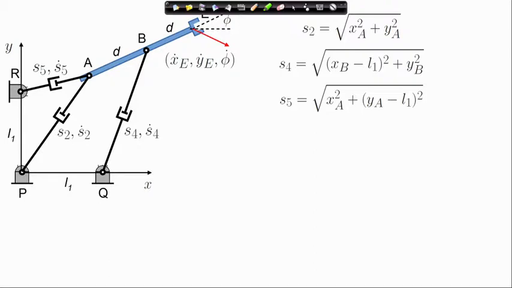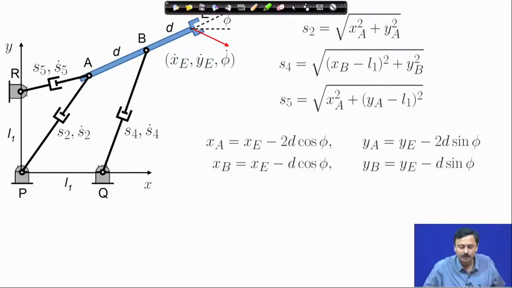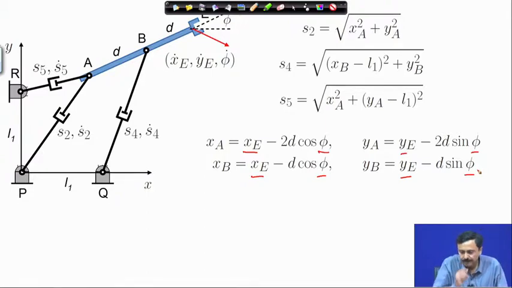So, here you can relate x a, y a, so coordinates of point A and similarly coordinates of point B in terms of the coordinates of the end effector and the orientation of the end effector phi. So, therefore, you can just substitute them here and start differentiating.